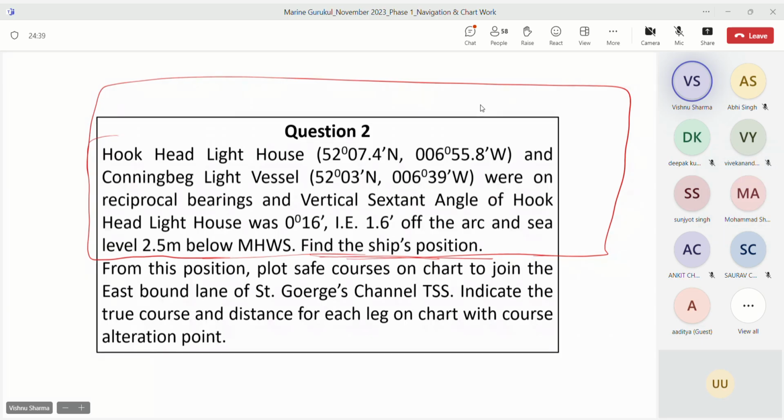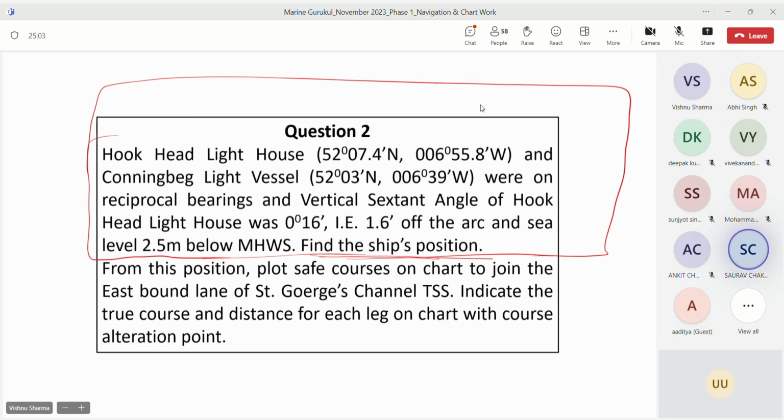Somebody asked me, I think he might be in the class one day, saying, "Please tell us how to identify what to do." What I am asking is what you will be asking yourself to find out what is to be done. So the first question is to find the ship's position: what methods can I deploy based on the information? So just identify the methods.